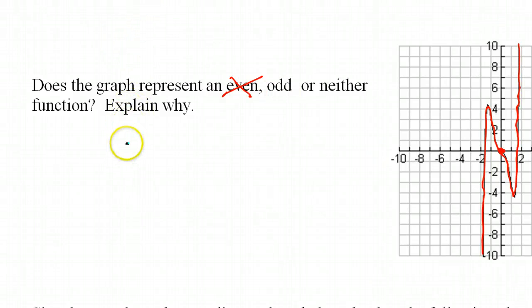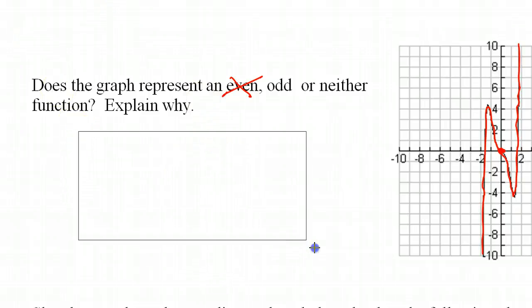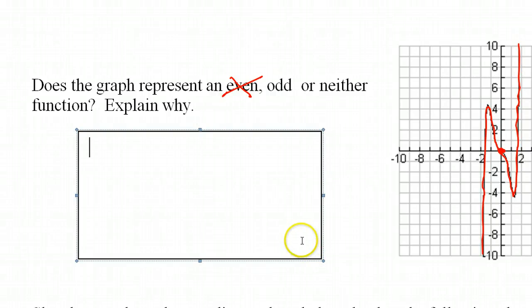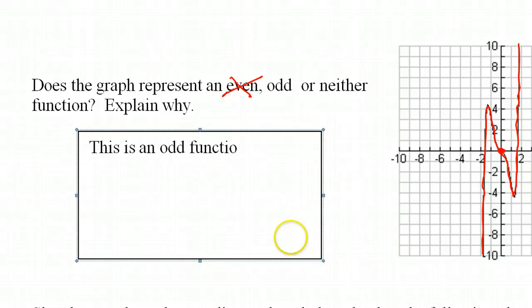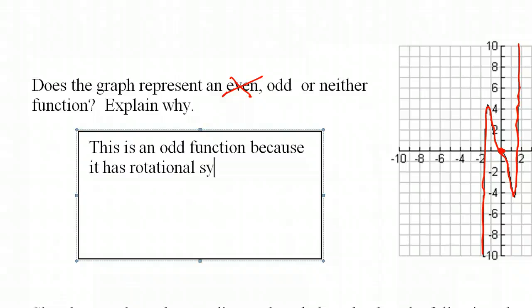So as far as our explanation, we will just say something like this. This is an odd function because it has rotational symmetry around the origin.